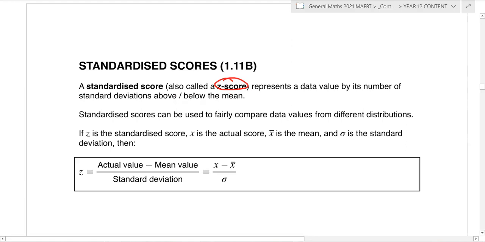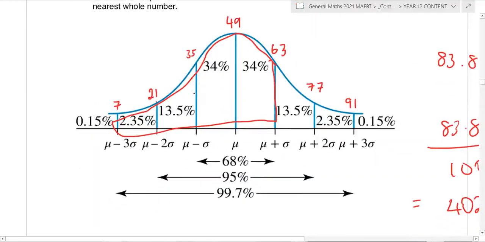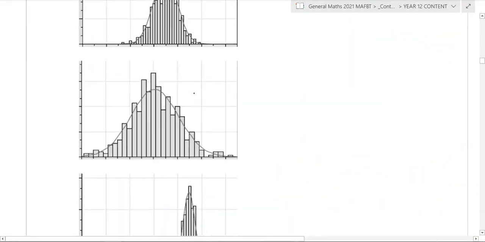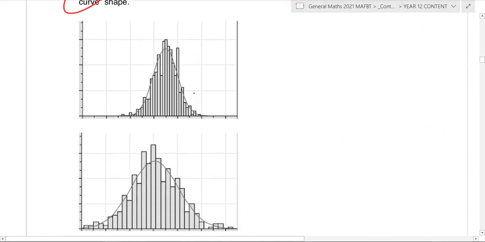If you think about standard deviations in the previous lesson with these bell curves, we learnt that depending on how far somebody is from the mean, that's what a standard deviation is. Let's say everybody got around this score. If you got a standard deviation above, that means you got better than what most people got.